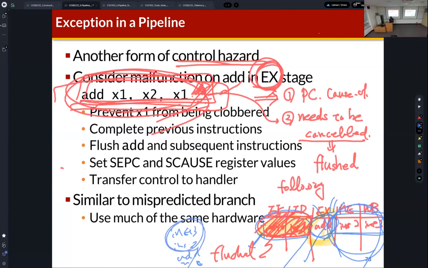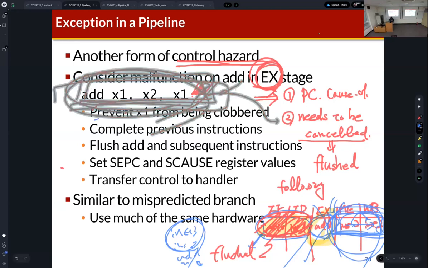So these are former instructions. The execution of these instructions, like inst2 and inst3, needs to be completed. So the processor needs to complete former instructions. Instruction 2 needs to be propagated to the write back stage.